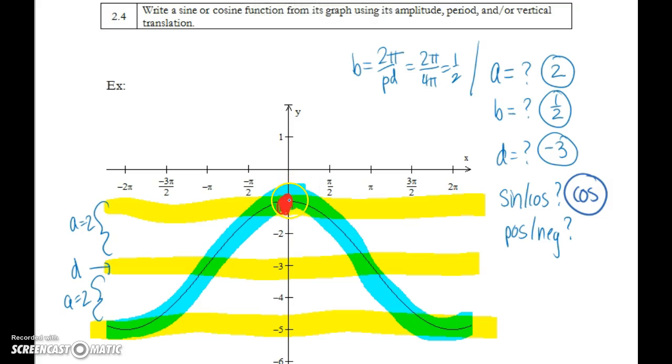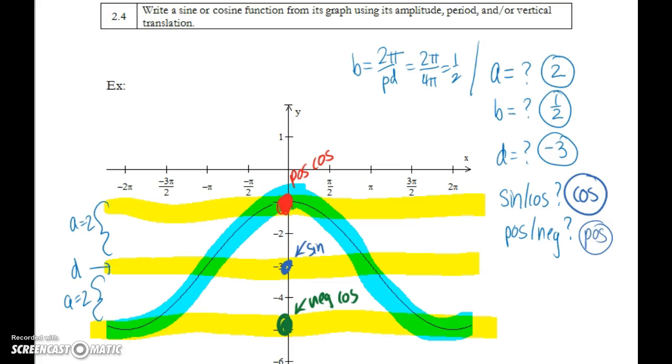Because we're starting at the max rather than the min, it's a positive cosine. If we were starting down here at the min, that would be negative cosine. And if we were starting here at the center, that would be sine. But we're starting at the top, so it's positive cosine.